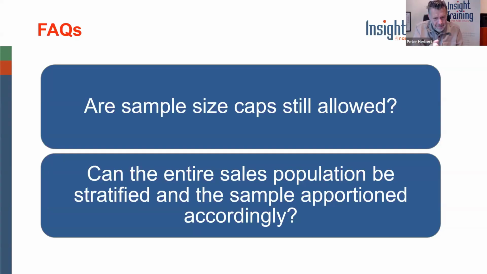And I think our view is very much to encourage firms to slice and dice the population into its different categories and test each individual aspect, each individual strata of the overall population separately, rather than doing one sample size for the entire thing and then allocating it.